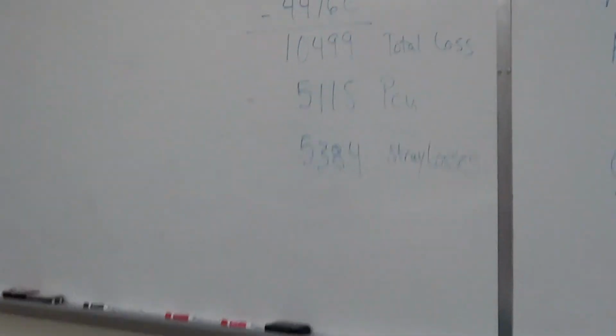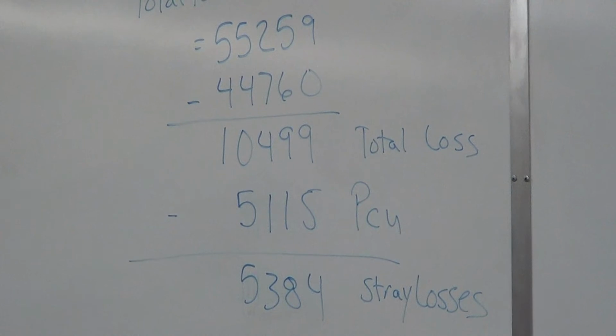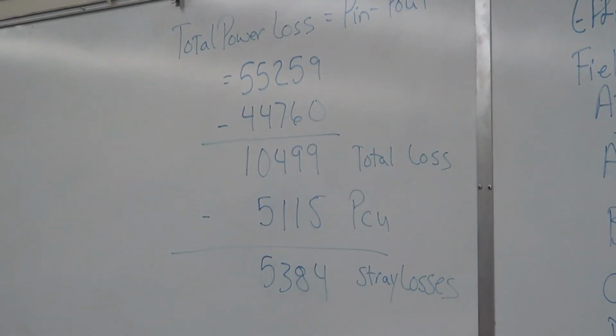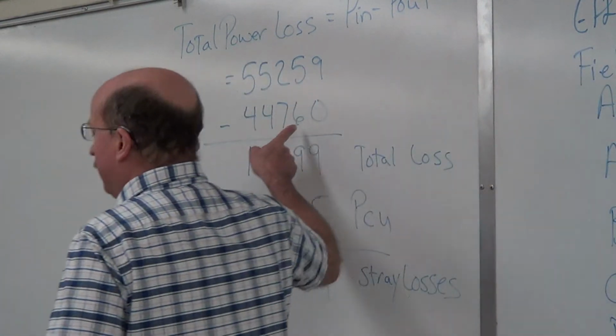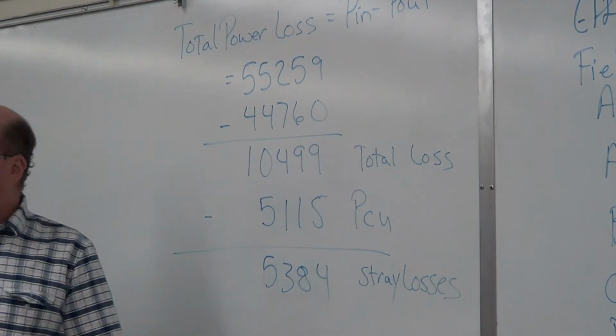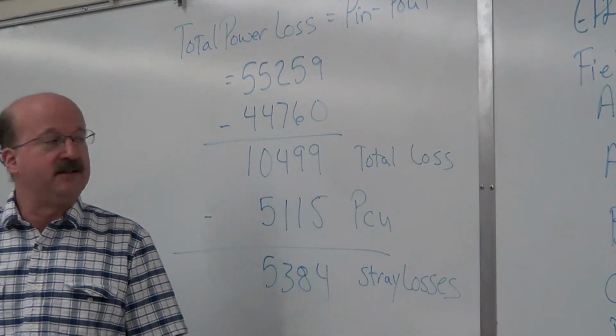Now we come over to our total losses. We know our total power loss is P in minus P out. Put in so much power, we get out so much power. What didn't come out is what we lost.